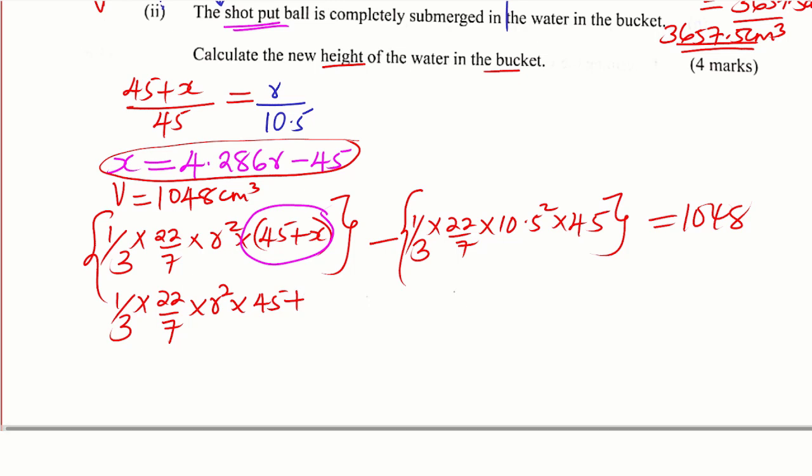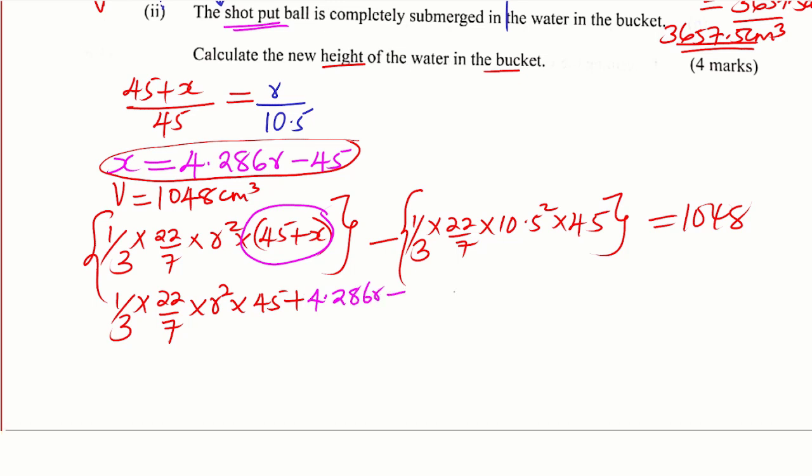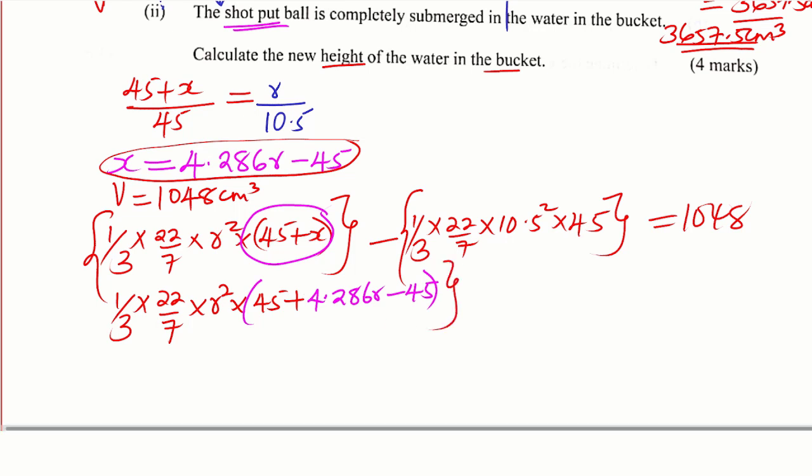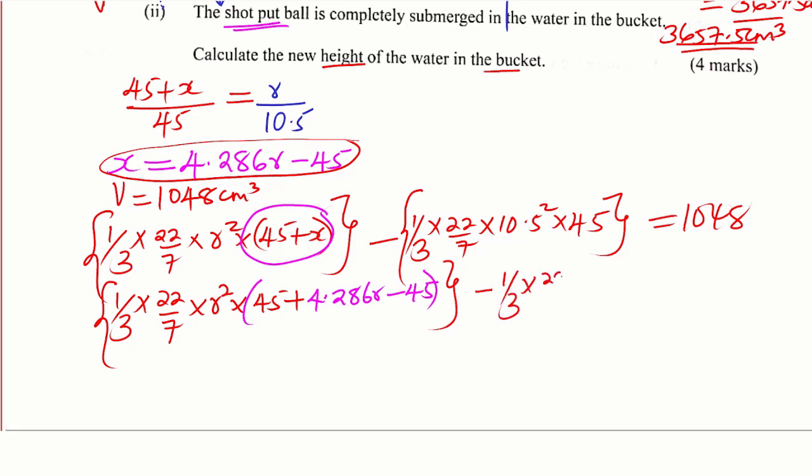But what is x? x is 4.286r minus 45. So that is the height. And then minus a third times 22/7 times 10.5 squared times 45 is equal to 1048.